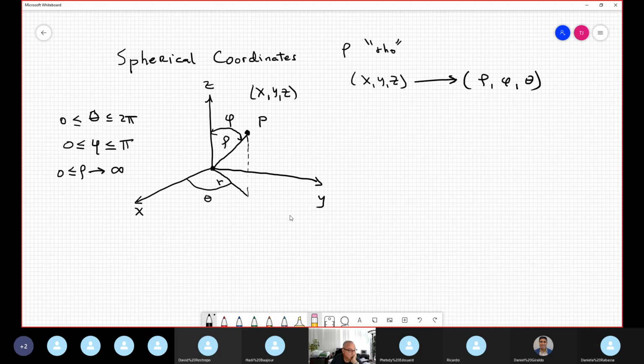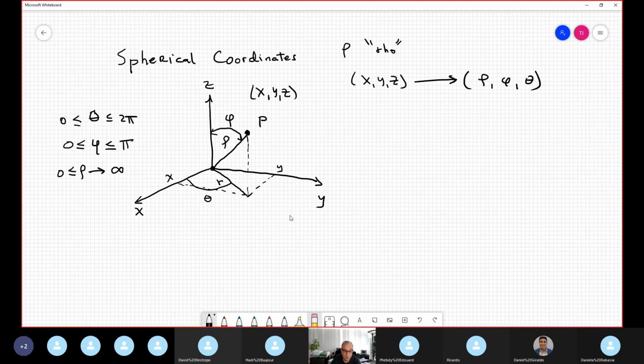Let me try to understand the equations, the formulas for the relationship between rho, phi, theta, and x, y, and z. This is y, this is x. Okay.